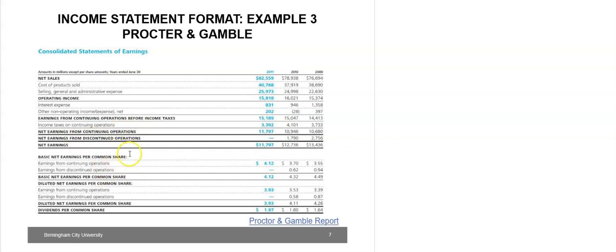These have then been used to calculate the basic and diluted EPS from continuing operations as well as discontinued operations. This information is important for the users of financial statements to analyze the present and past performance as well as future predictions of earnings and performance overall.